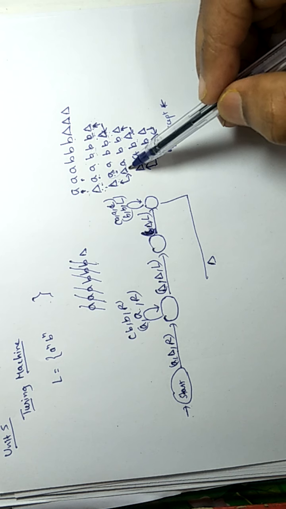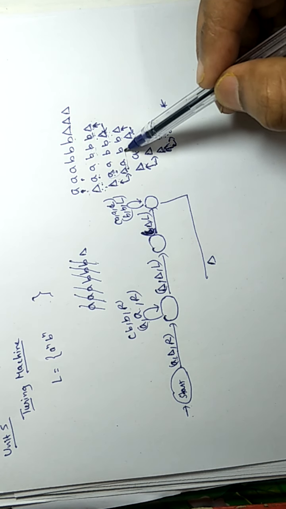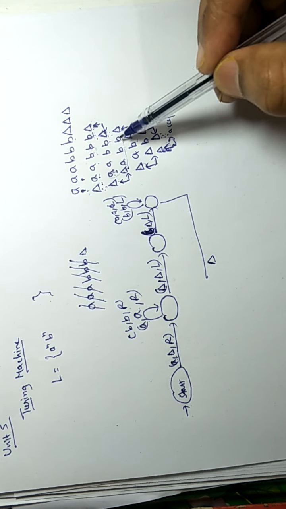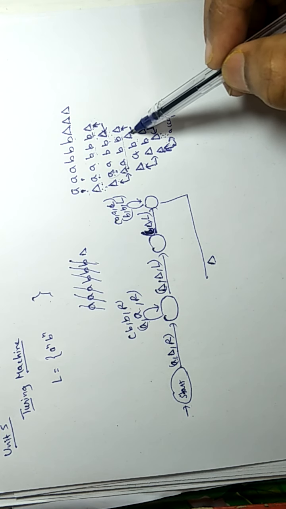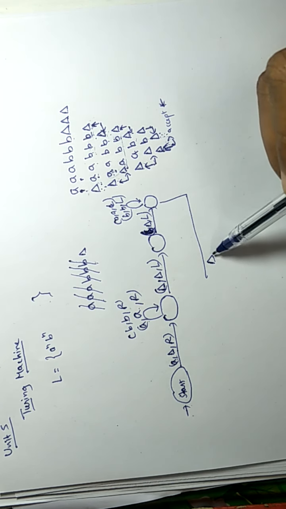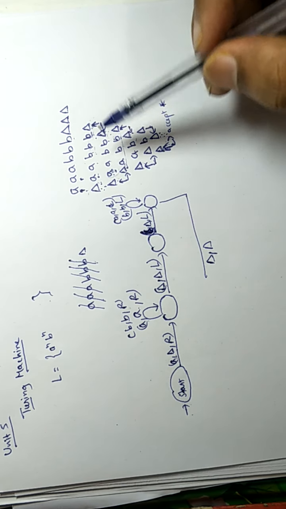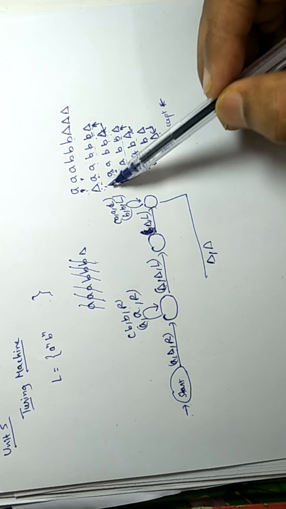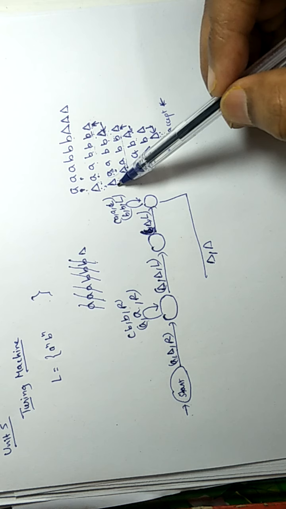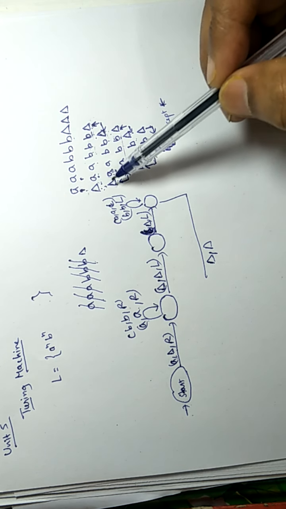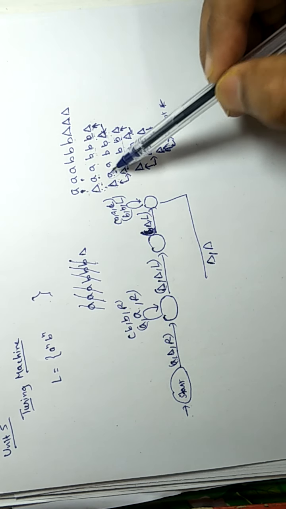We have to convert this A into blank, move to the right, reach the corner, then move to the left, then convert this B into blank, then move to the left here. So on reading this blank, by moving to the left we reach this corner and we get blank, and on reading this blank, leaving it as it is, we move to the right.